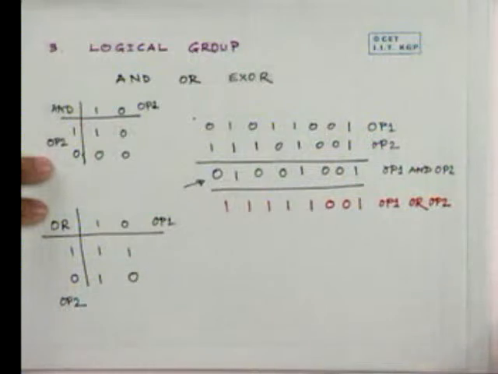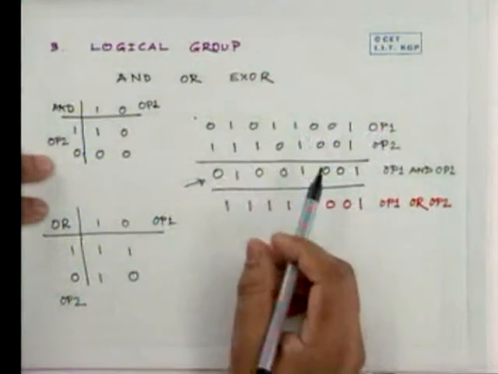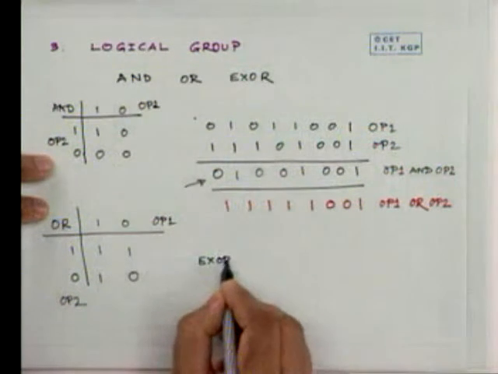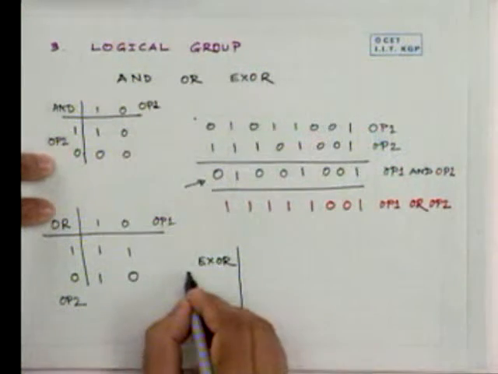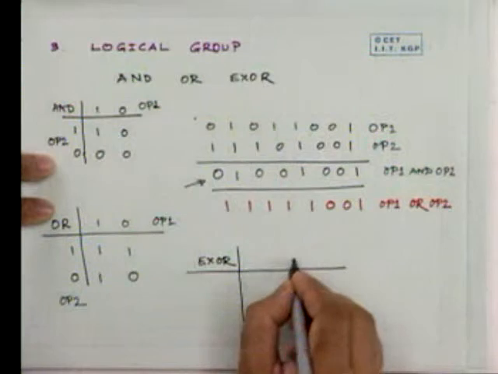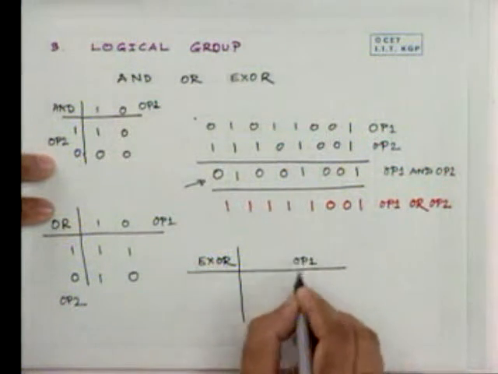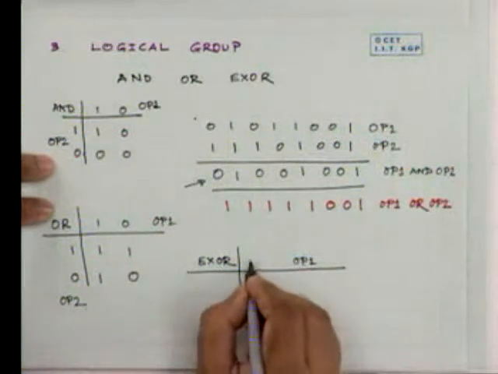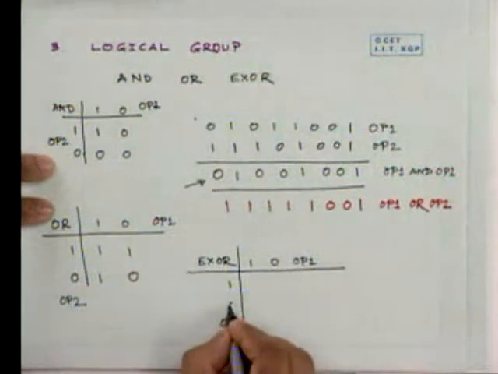Now, similarly, we can define the exclusive OR this way. Say the exclusive OR operation will be once more bit by bit. Say operand 1 here, operand 2 here, 1 and 0, 1 and 0.